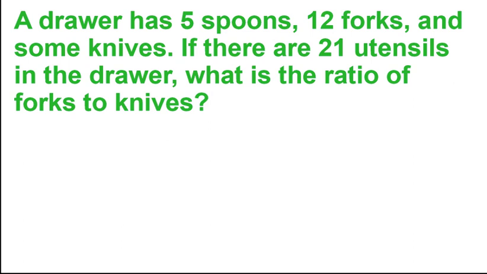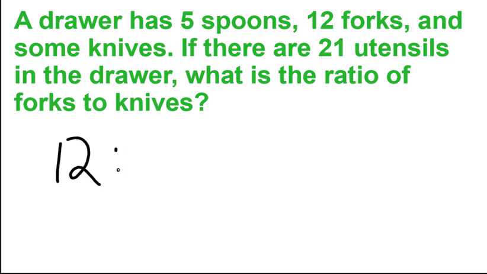So we got a drawer, it has 5 spoons, 12 forks, and some knives. There are 21 utensils in the drawer. What is the ratio of forks to knives? How many forks are there? 12. So we got 12 to something, right? How many knives are there?